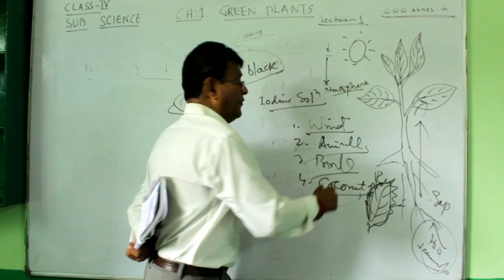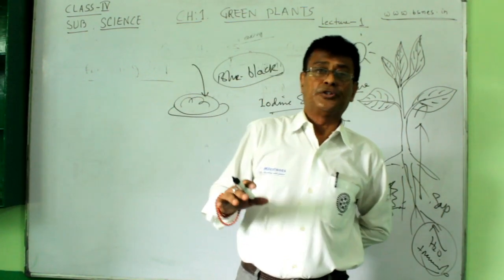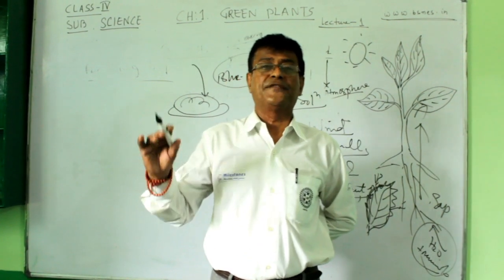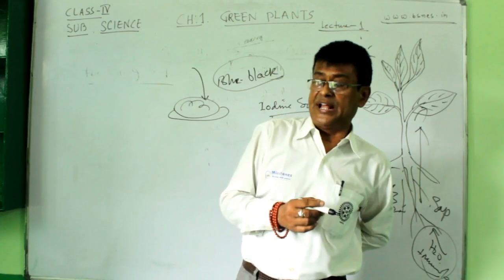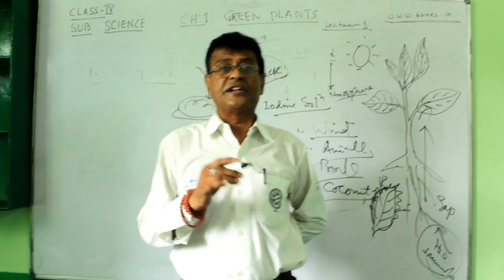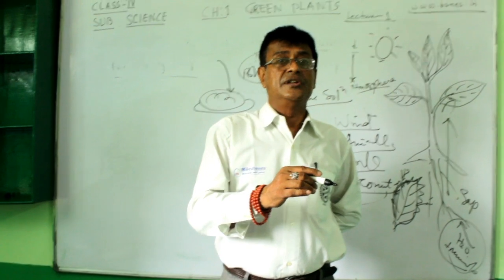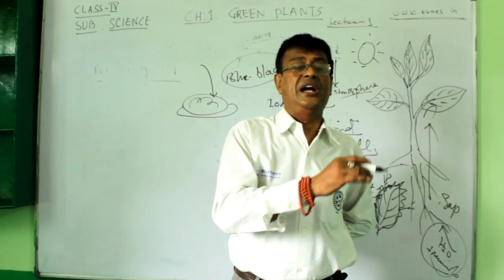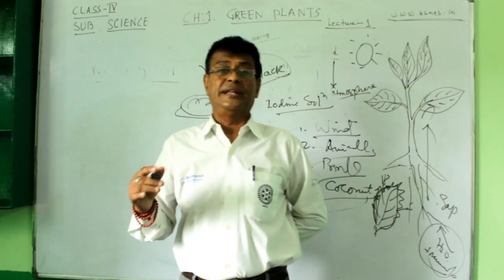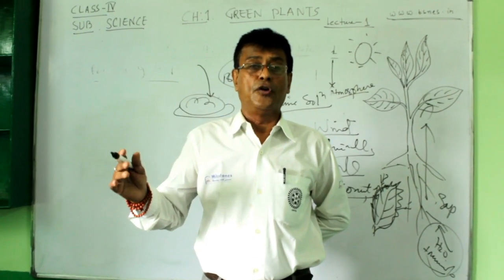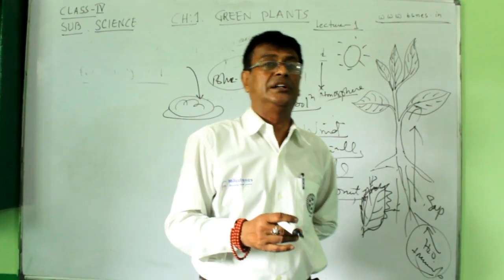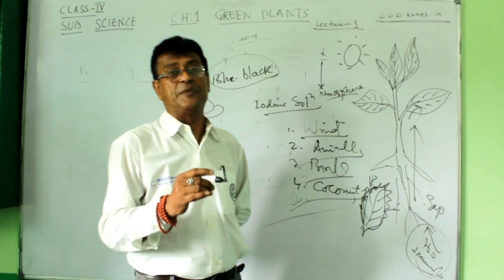These seeds travel with the water current for thousands of miles. That is why you see coconut plantations always just beside the sea and lakes. Their seeds can float from one place to another. That is how they disperse.